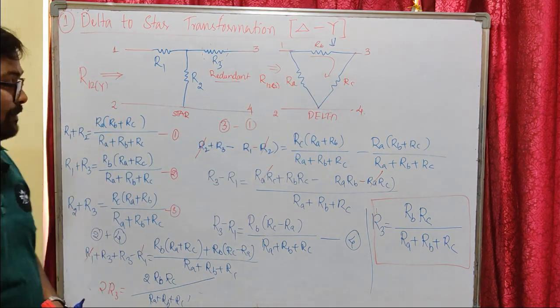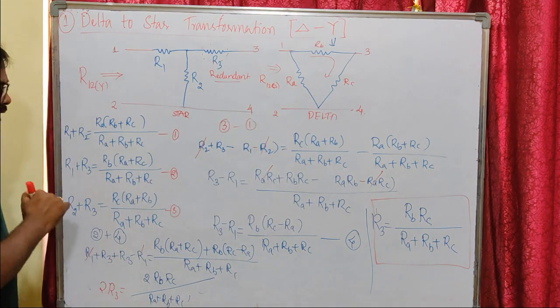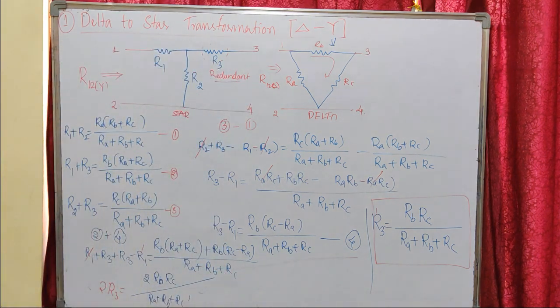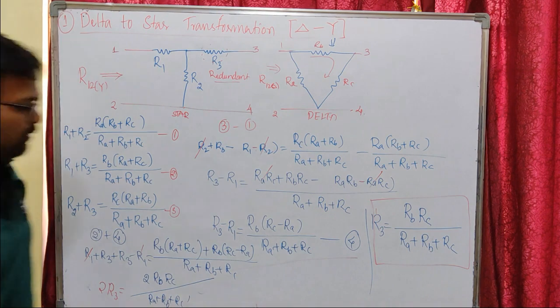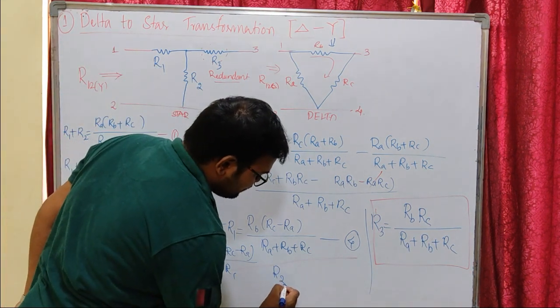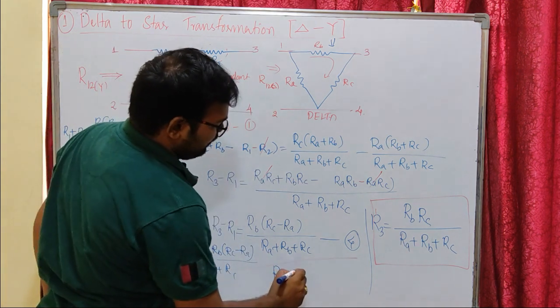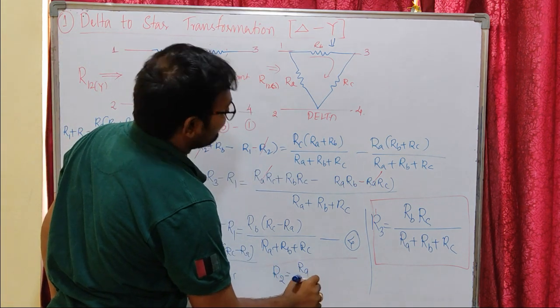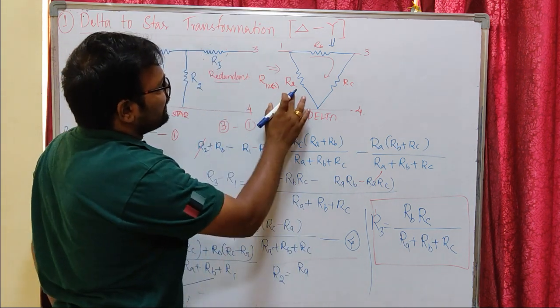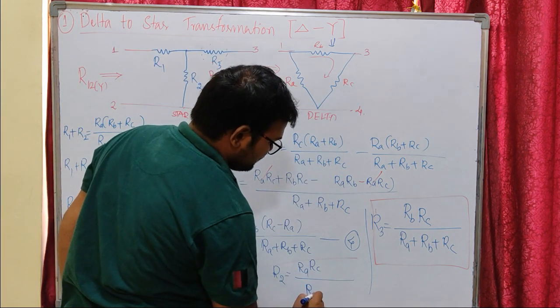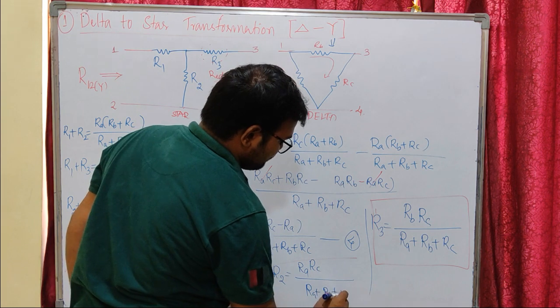So R3 equal to RB into RC by RA plus RB plus RC. Similarly, when you solve for R2, R2 is this resistor, and that will be equal to RA into RC by RA plus RB plus RC.